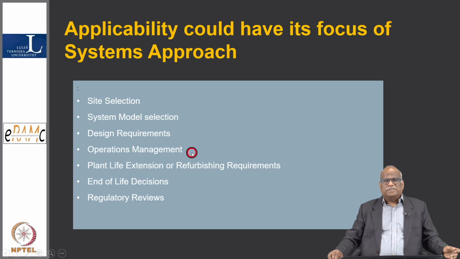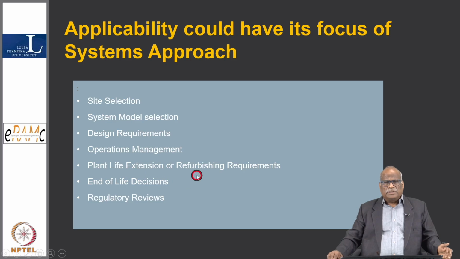Operational management, in fact PRA can extensively be used for operational management, whether it is maintenance management. When I talk about operation, maintenance is explicitly part of the operation. So maintenance management, then in-service inspection that we do, its timing, its frequency, when it should be done, and whether the frequency can be increased or decreased, those kinds of things.